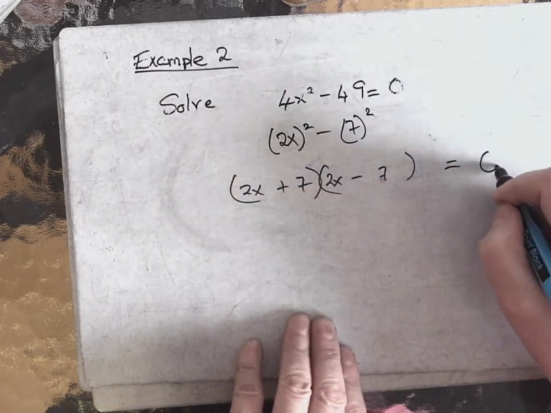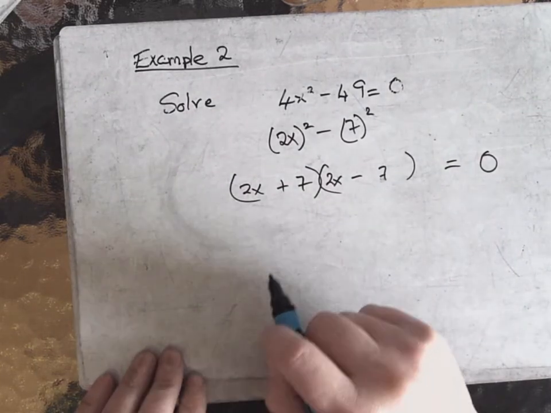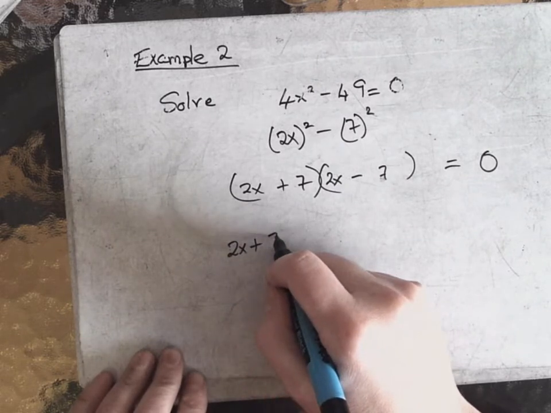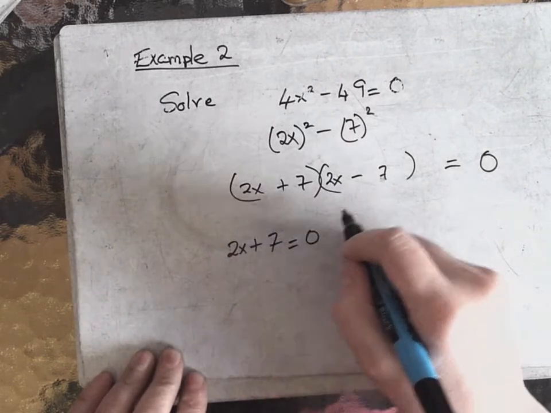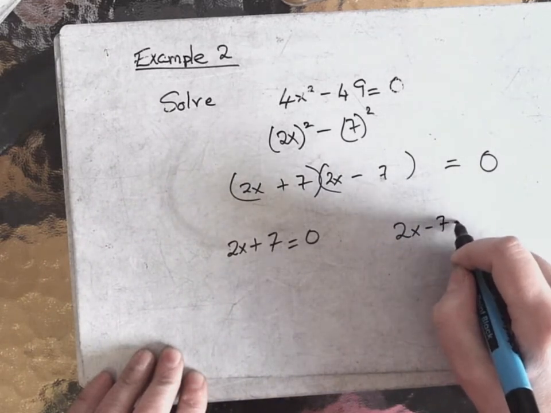If they ask you to factorize you're done, but they ask me to solve. So to solve you take each bracket and let it equal 0. So the first bracket reads 2x plus 7, you let that equal 0, and the second bracket reads 2x minus 7, and you let that equal 0.